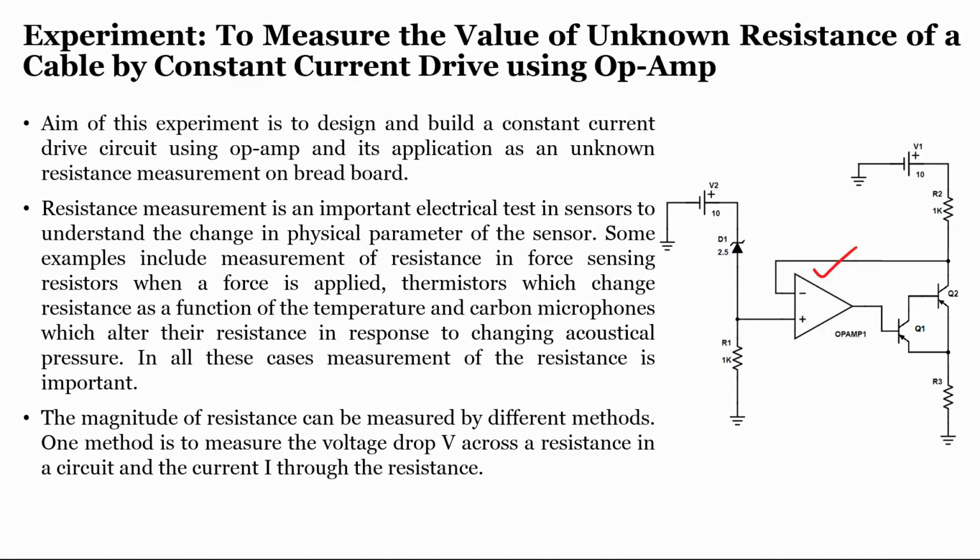If you recall, the simplest way of measuring any resistance is by applying some known amount of voltage to a system, or by applying some constant current as an input and measuring the voltage drop across the resistor.